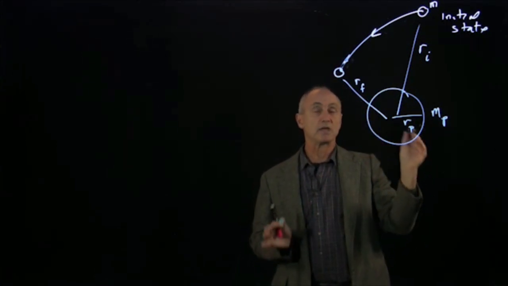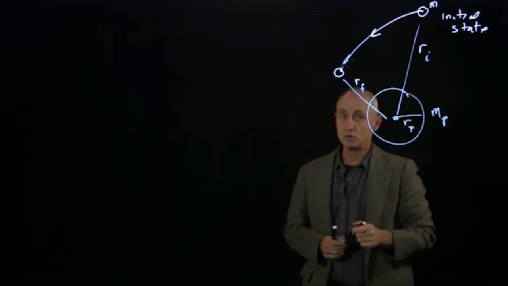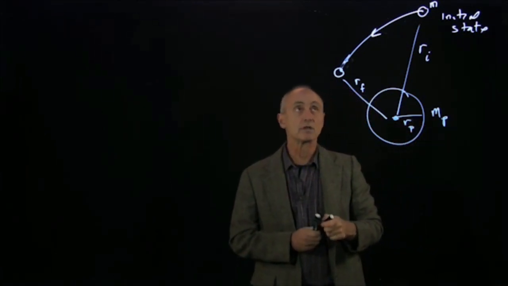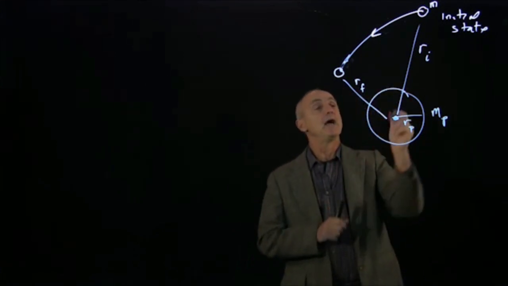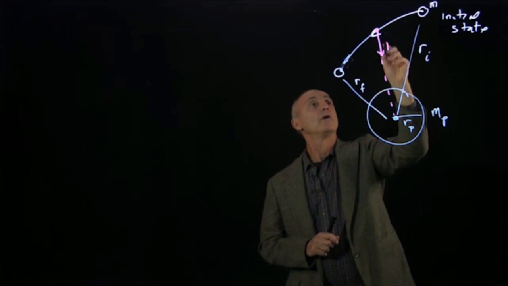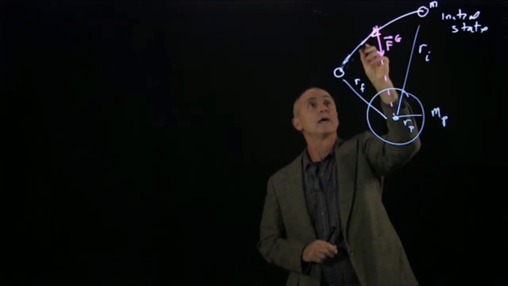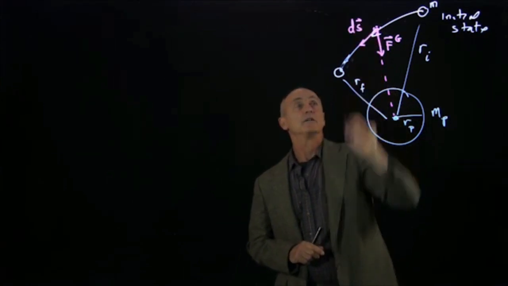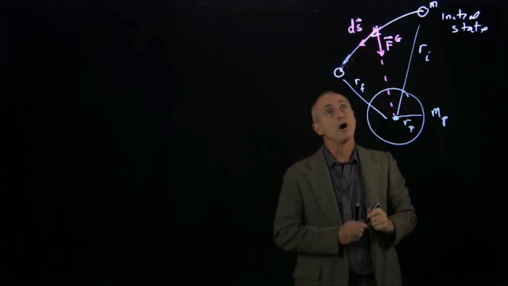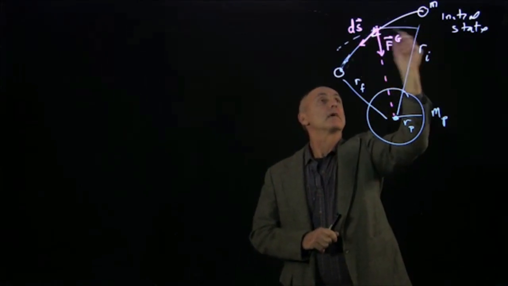Now, because there's a central point in this problem, the natural coordinate system to use is polar coordinates in the plane. And let's just imagine that at this moment, we have the universal force of gravity. Here's our object, and it's being displaced a distance s. So our coordinate system is polar.